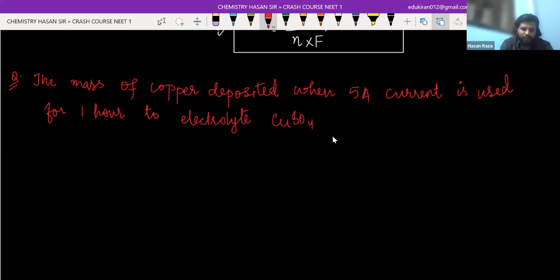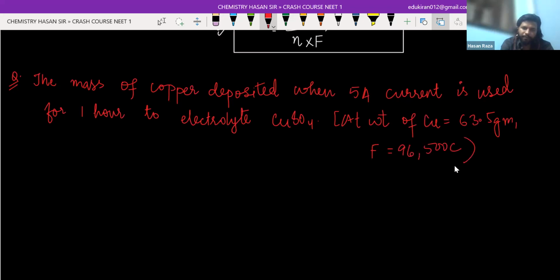CuSO4 means Cu plus 2. Here, the atomic weight of copper is given. We need to calculate the mass deposition of copper, and the value of Faraday is also given, 96,500 coulomb. Please do it.